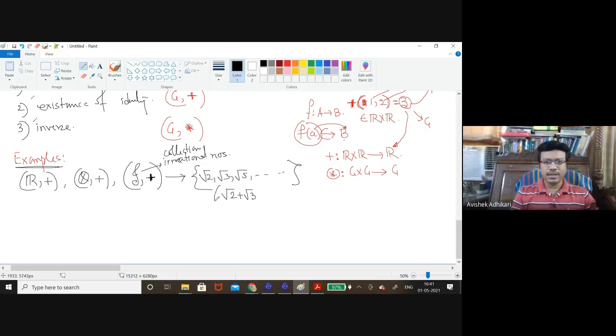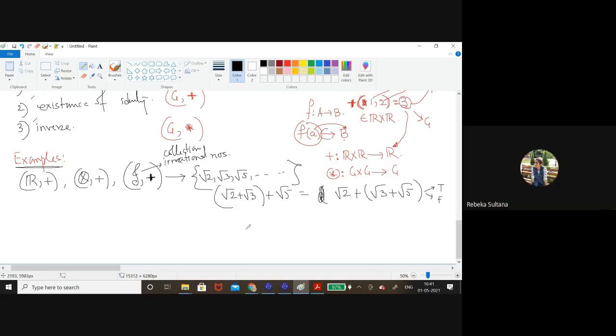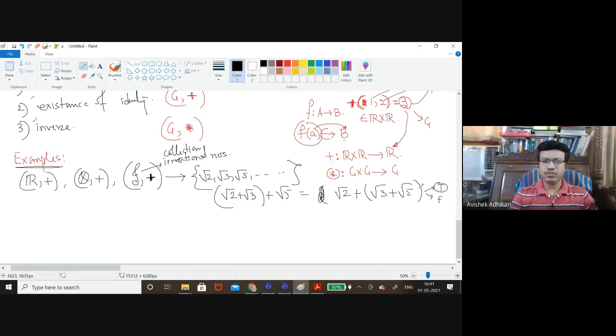Then if I consider associativity, will root 2 plus root 3, plus root 5, be the same as root 2 plus root 3 plus root 5 with the other grouping? Will that value be the same? True or false? Yes, sir. So that is true.